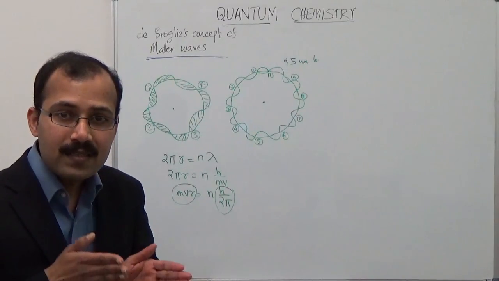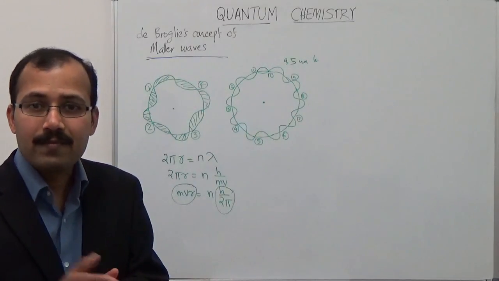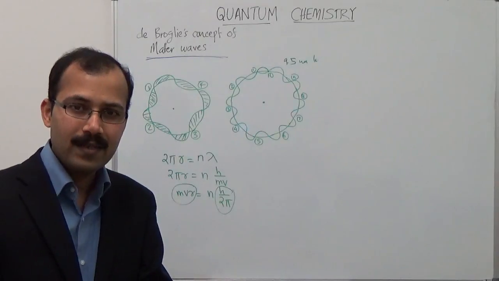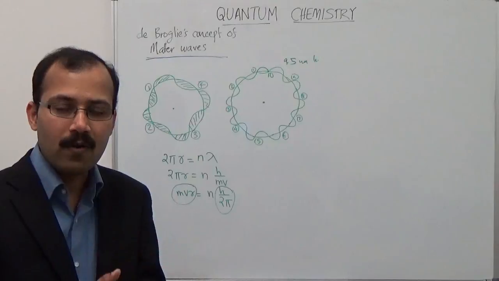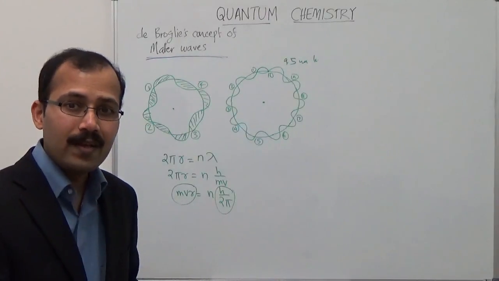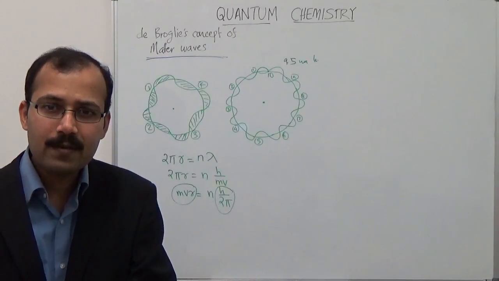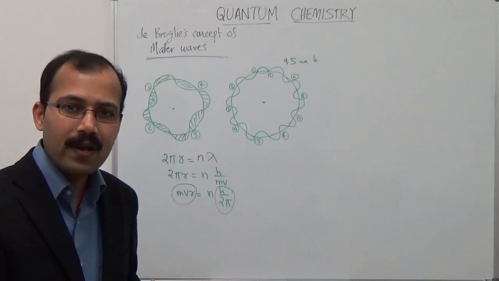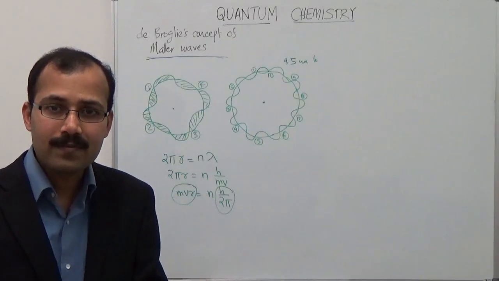And when these electron beams pass through the thin gold metal foil, they give a diffraction pattern. It was known at that time that when X-rays pass through a thin metal foil, they give a diffraction pattern. In the same way, electrons also gave a diffraction pattern after passing through the metal foil. It means that electrons behave like X-rays, or electrons behave like waves.